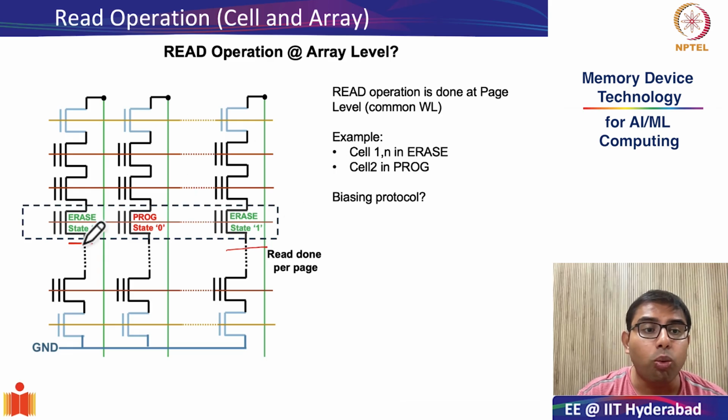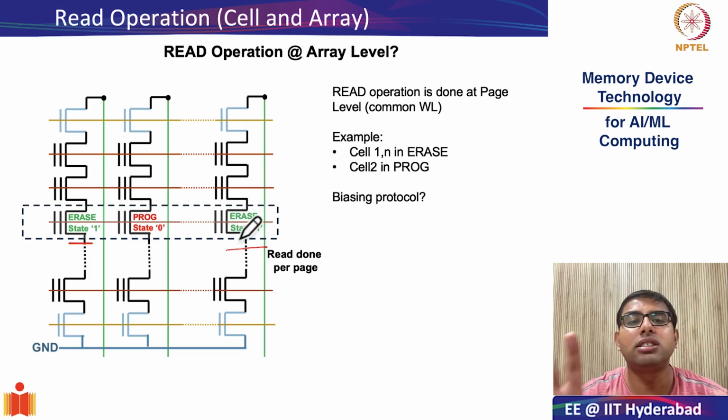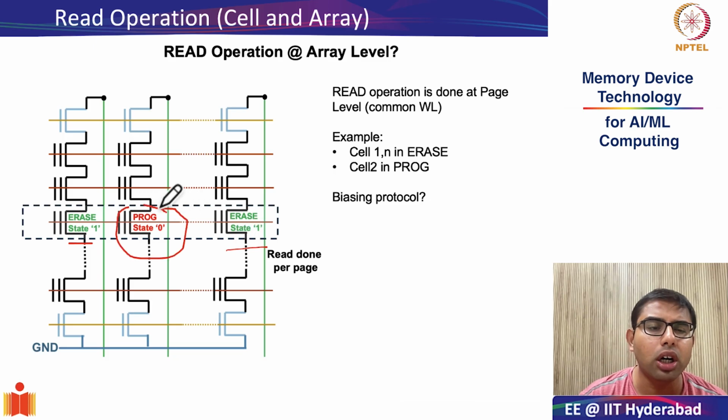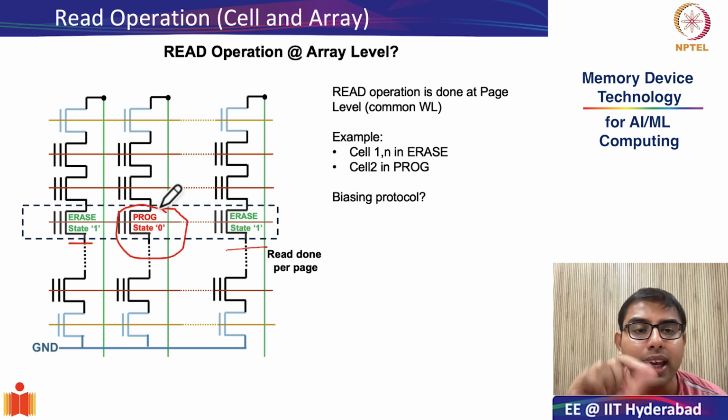What happens is cell 1 and cell n are still in erase state, but now by doing a program operation, you have altered the state of the second cell in the page of our interest.